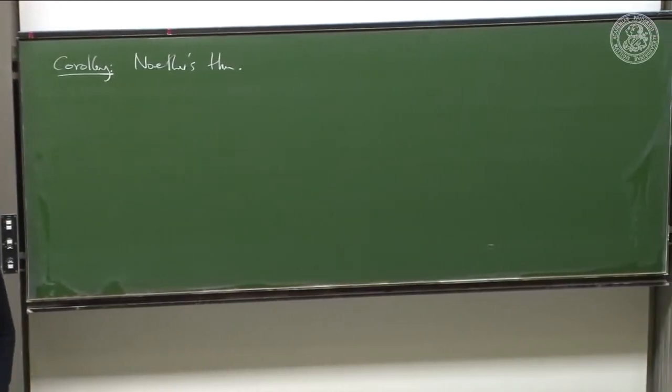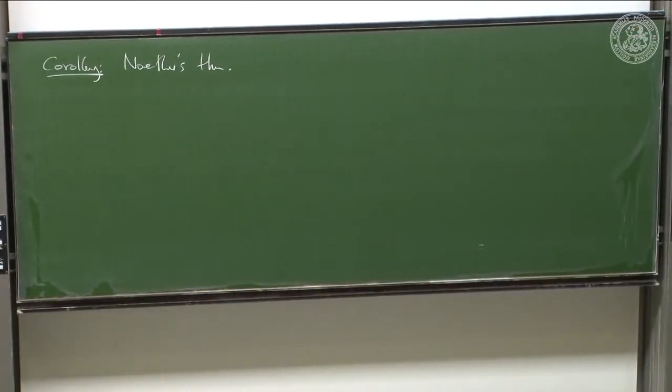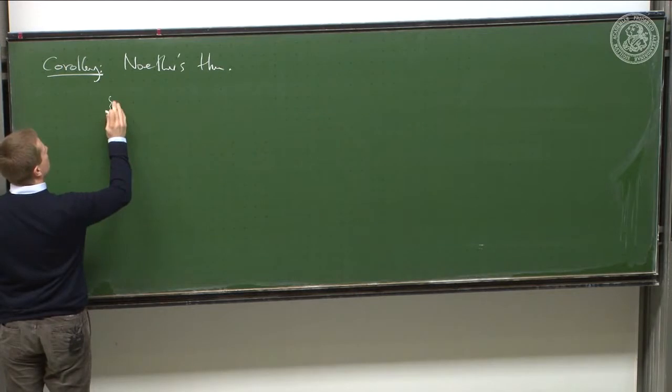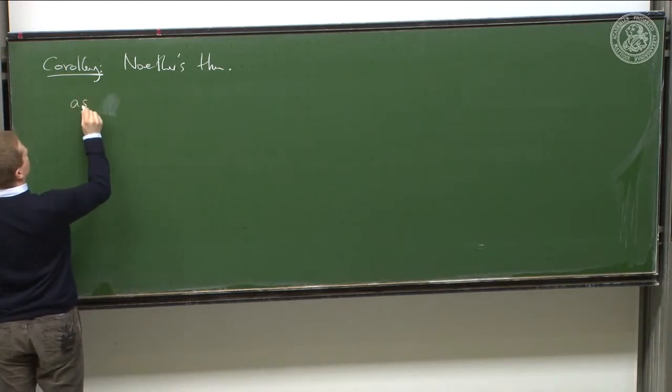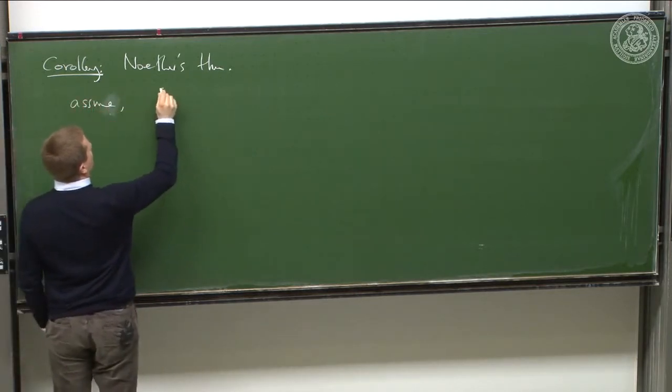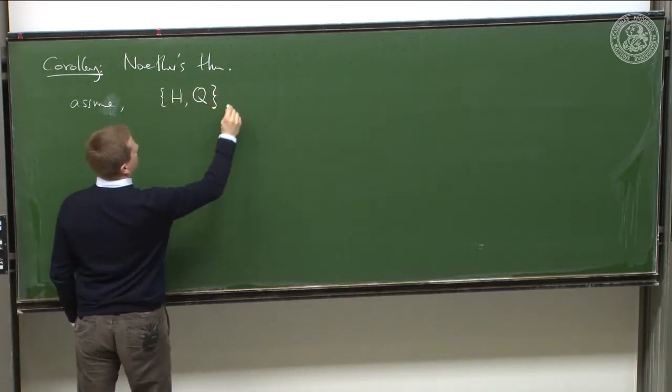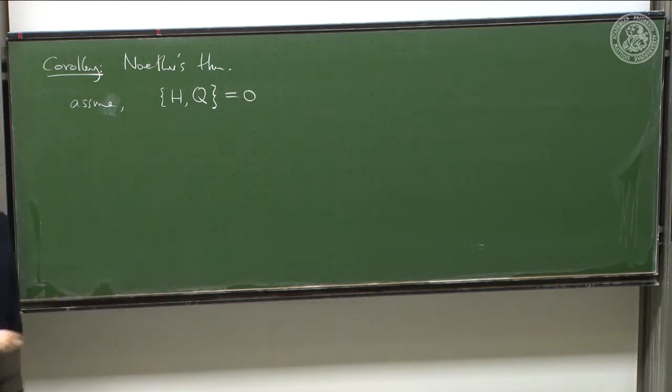In Lagrangian mechanics, one often makes a point out of showing this in the most arcane way. But let's assume that there is a conserved quantity Q. Let's assume Q is a conserved quantity.